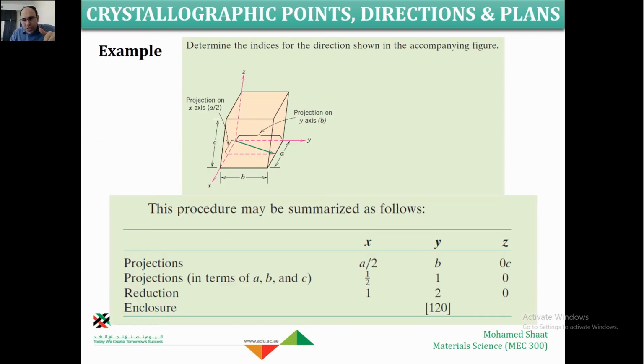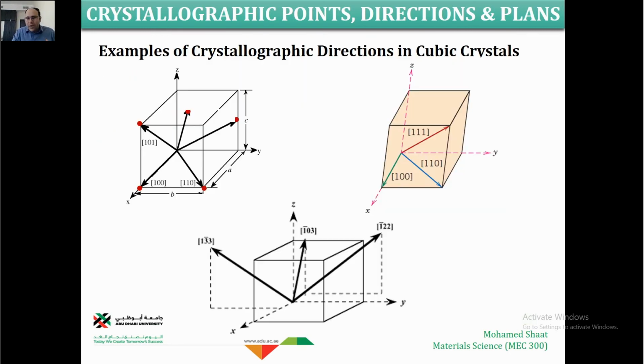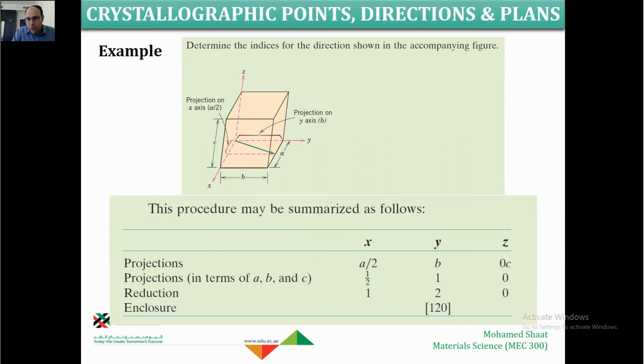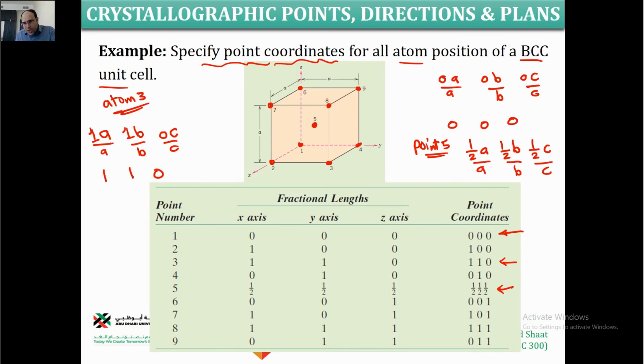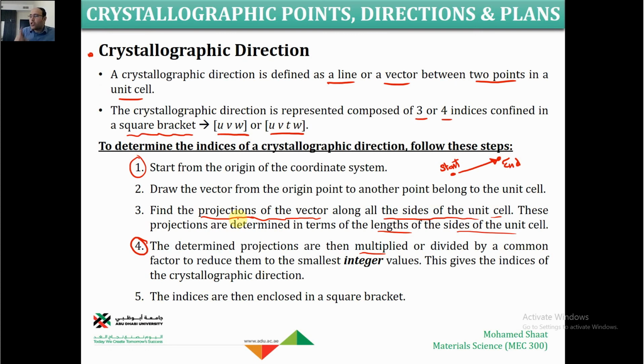For the points, it is fine to have an index that is a fraction, as we discussed. So the indices in the point coordinates can be fractions or integers. But for crystallographic directions, all indices should be integer values. There is no crystallographic direction that can be defined by a fraction.